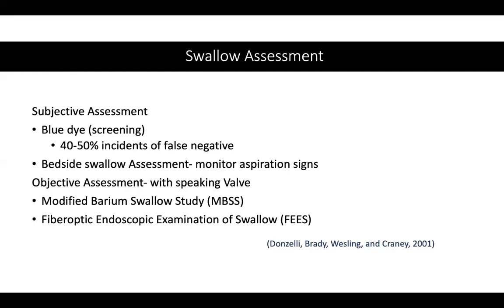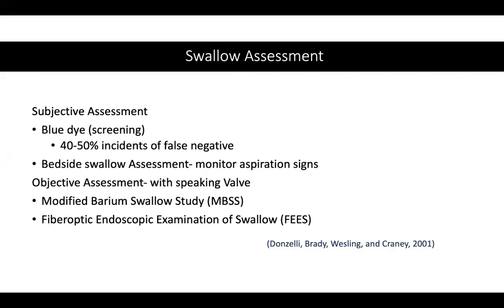And then you have the fiber optic endoscopic examination of swallow, which is endoscopy, where you scope the patient and give regular food and see if the patient is aspirating or not. Both assessments can tell you if the patient is aspirating, but the modified barium swallow study is limited because you don't want to expose the patient to radiation.